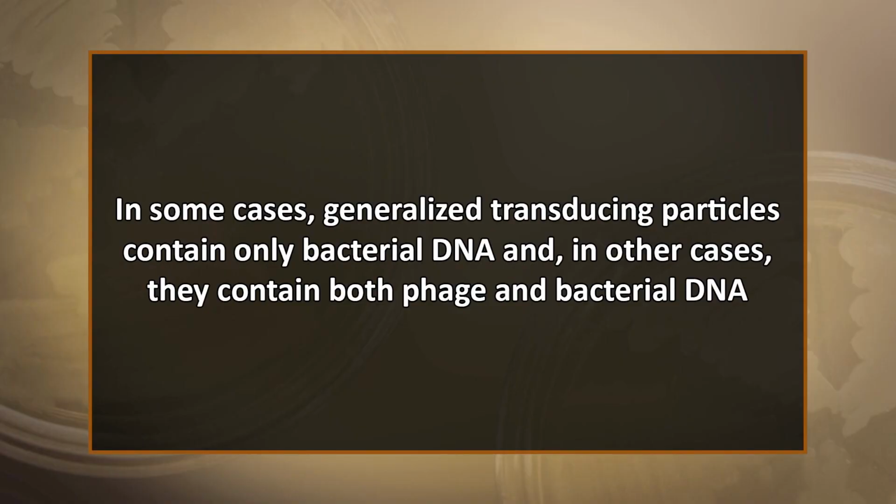Since all the genes of the donor are represented in a population of these transducing particles, this type of transduction was named generalized transduction. In some cases, generalized transducing particles contain only bacterial DNA, and in other cases, they contain both phage and bacterial DNA.